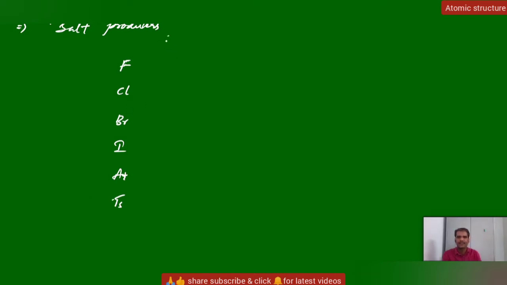Again, if you see the general electronic configuration of this halogen family, it is ns2 np5 configuration. General electronic configuration ns2 np5.